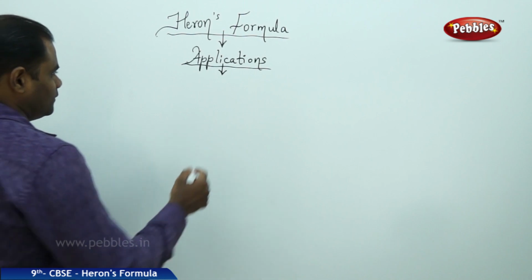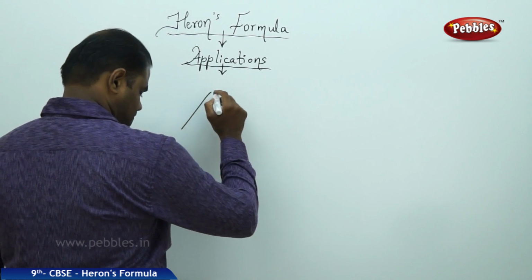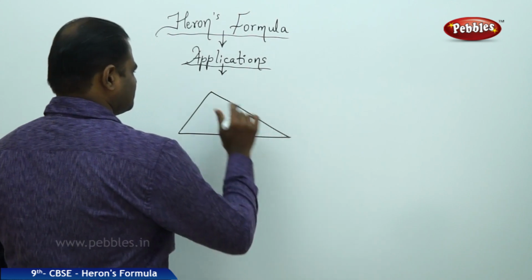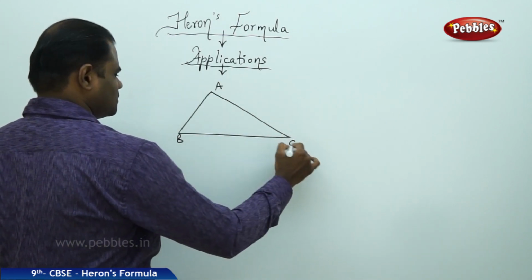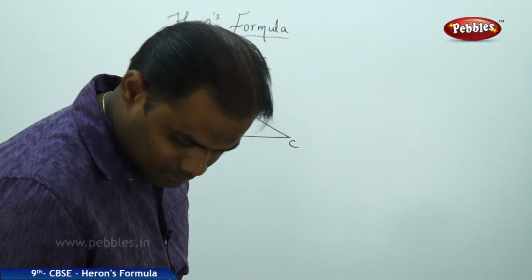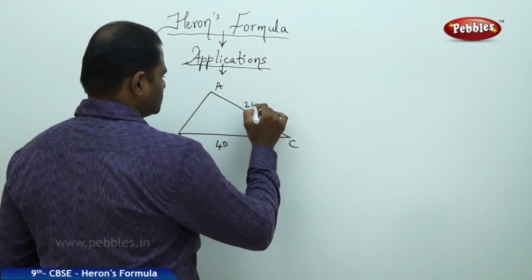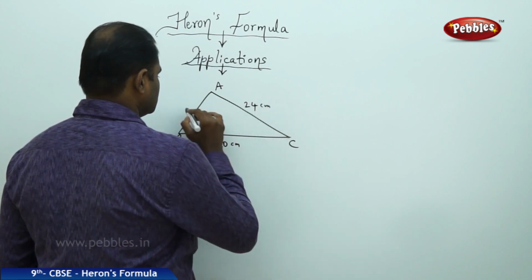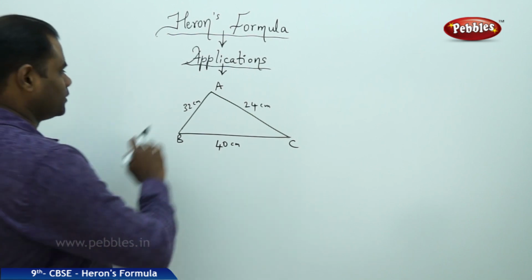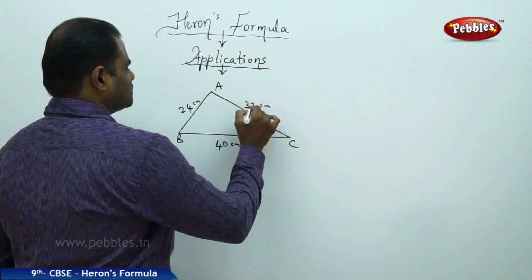So for example, I have a triangle ABC in which I have the dimensions 40 centimeters, 24 centimeters and 32 centimeters, or here it is 24 and here it is 32.